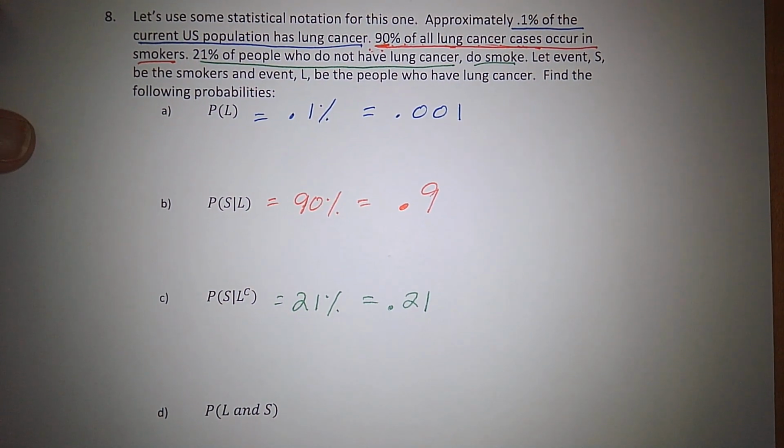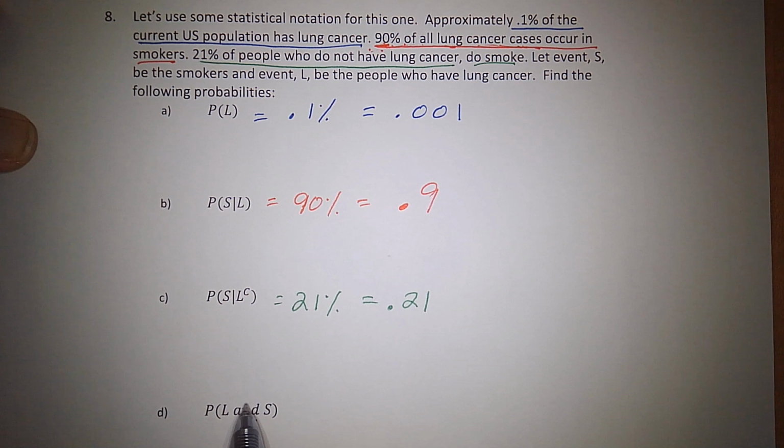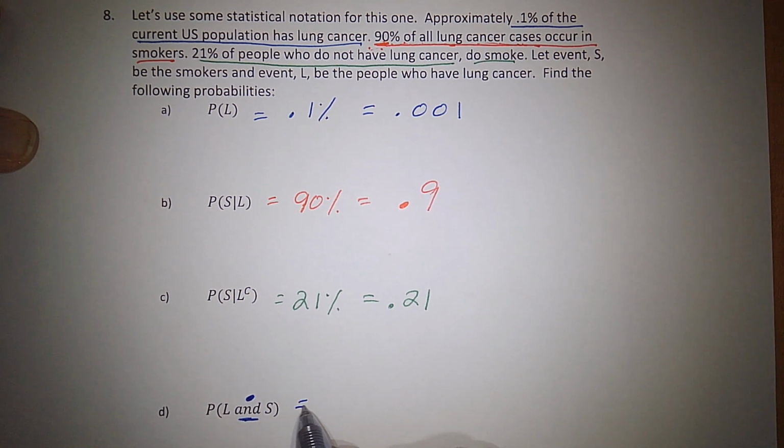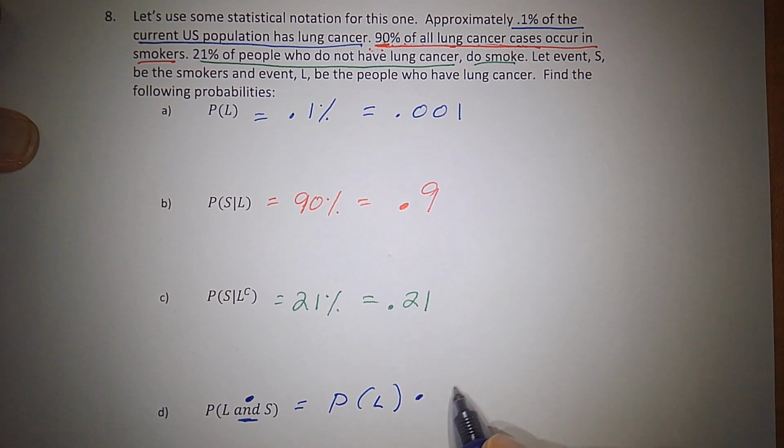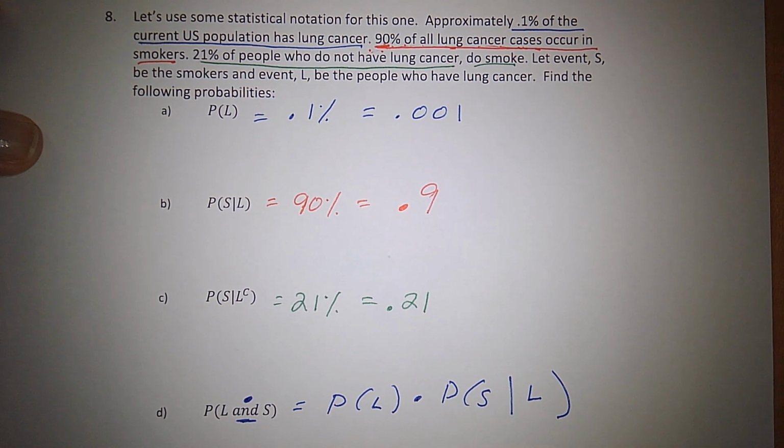And lastly, what's the probability somebody has lung cancer and smokes at the same time? Well, remember, in order to AND, we multiply. We would multiply the probability that someone has lung cancer times the probability that they smoke. But since these are dependent events, we have to multiply by the probability that they smoke, given you know that they already have lung cancer.